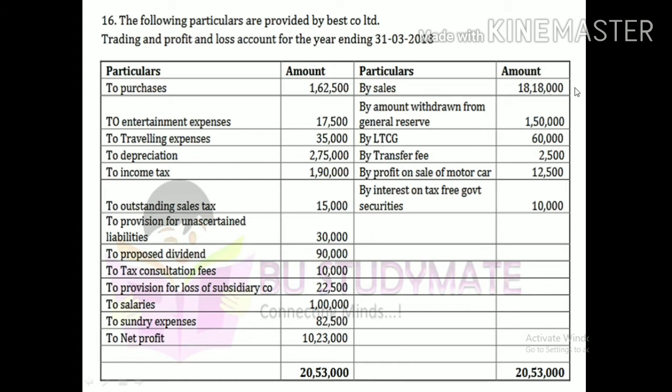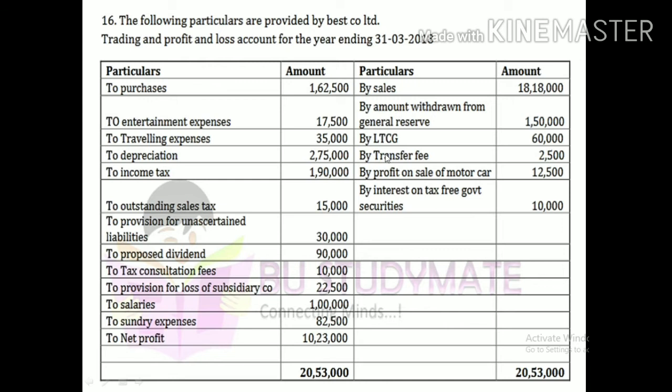Please observe, the first one is there, ignore. Amount withdrawn from general reserve is an inadmissible income. It is already credited, so under normal provision it should be deducted. Then long term capital gain is an inadmissible income, deduct.